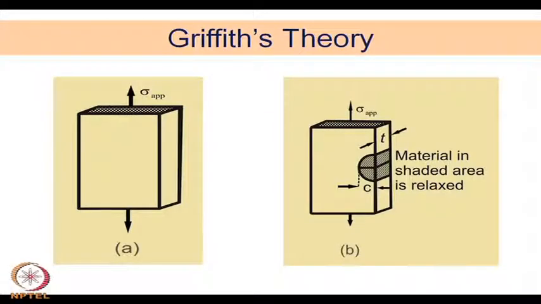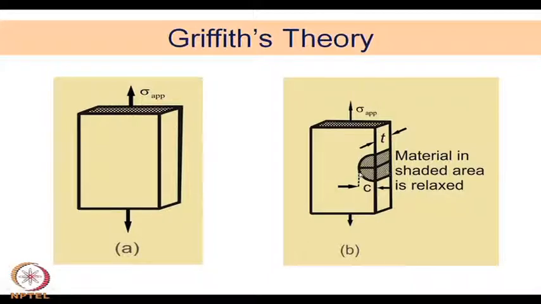We have considered this kind of situation where a crack is growing or initiated at the edge of the sample, and a normal stress, sigma applied, has been applied perpendicular to the crack direction.